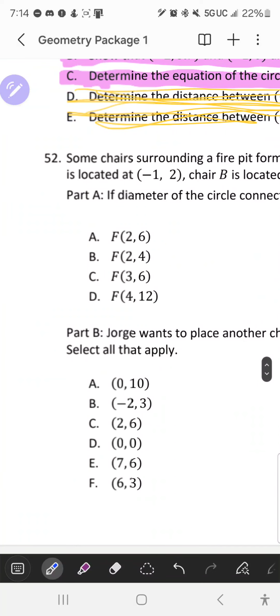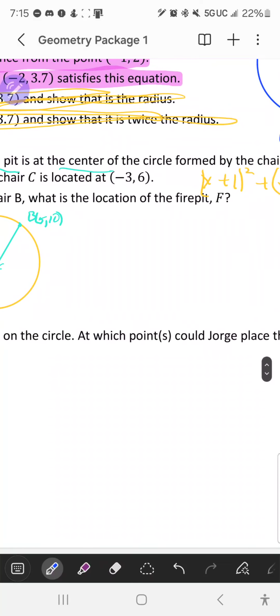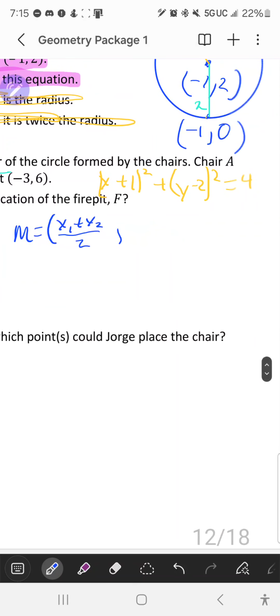And now, if the line AB is the diameter, we know that the center is going to be in the middle. So we can just use the midpoint formula. The midpoint is going to be equal to (x1 plus x2 over 2, comma, y1 plus y2 over 2).